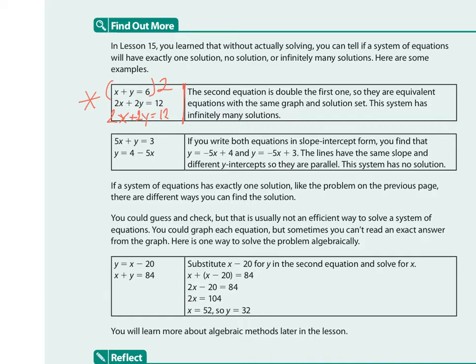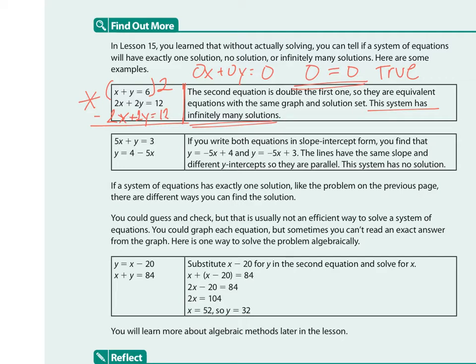Then I would subtract everything, just like we always do. 2x minus 2x is 0x, and 2y minus 2y is 0y, and 12 minus 12 is 0. And so then we're left with a statement, and because this is a true statement, that's how we know this system has an infinite number of solutions.